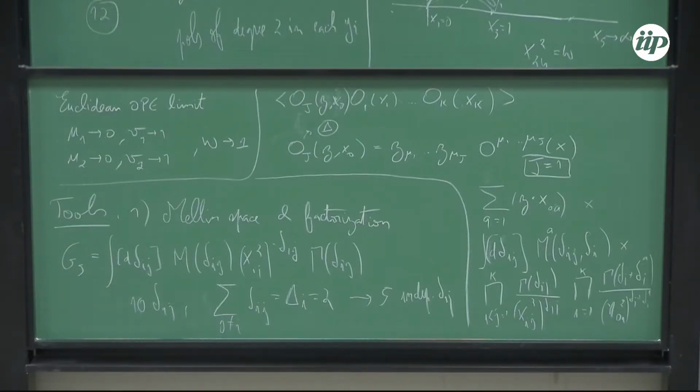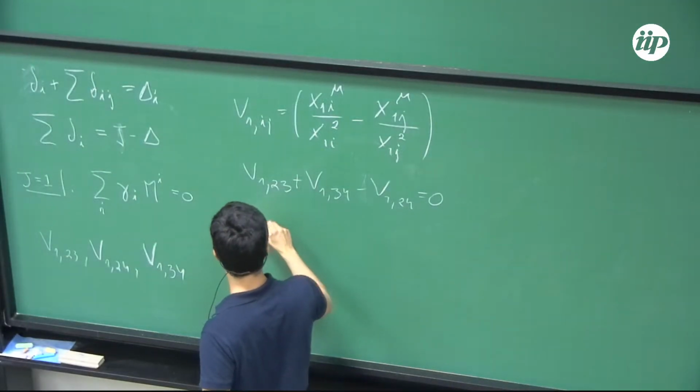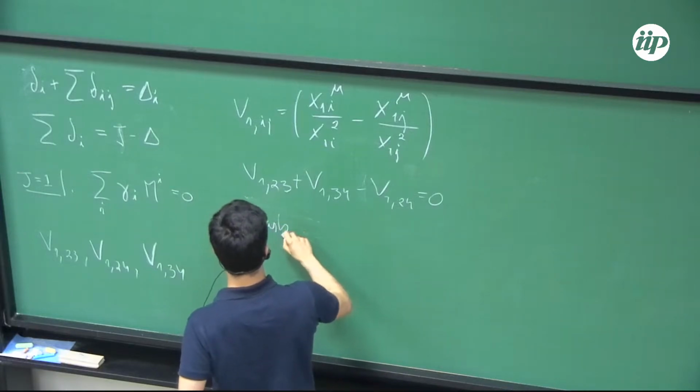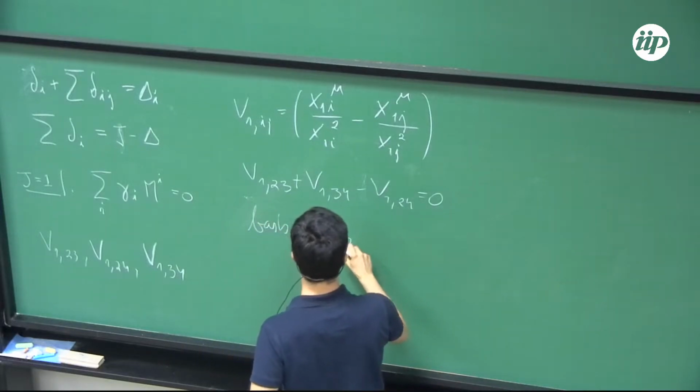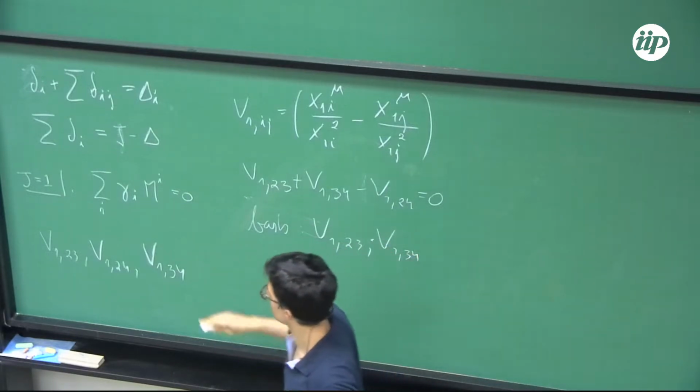But you can easily see that this obeys a very simple relation, which is V123 plus V134 minus V124 is equal to 0. And so the fact that you can choose your basis to be just 2 of these structures, for example V123 and V134, is basically what this is saying.